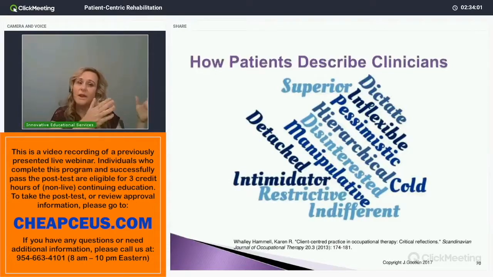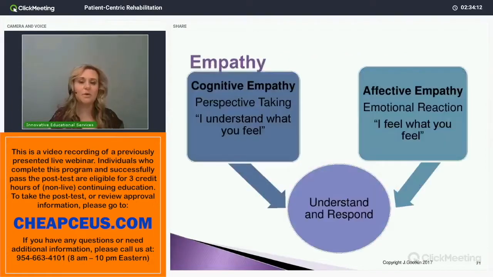Part of it may come from that Nagi model, very linear. Now we've got to pull that patient in, or all those different factors that we have that we're accountable for. We need to think of them, but we need to be aware of how we're coming across. And empathy is what we have to try and deliver. In the end of the course notes, I do have an empathy quiz that you can look at and take for yourself, because empathy is so important.